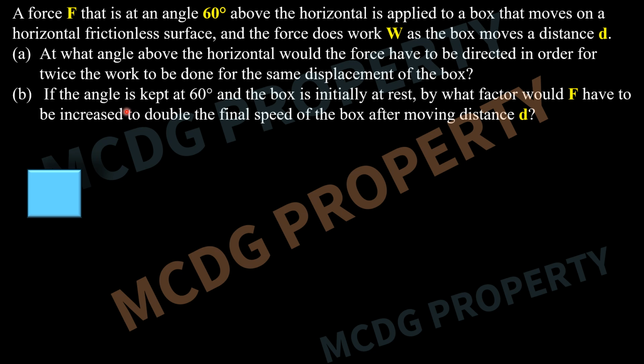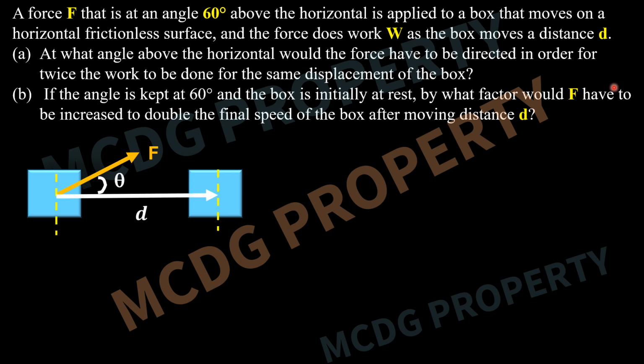A force F that is at an angle of 60 degrees above the horizontal is applied to a box that moves on a horizontal frictionless surface, and the force does work as the box moves a distance d.